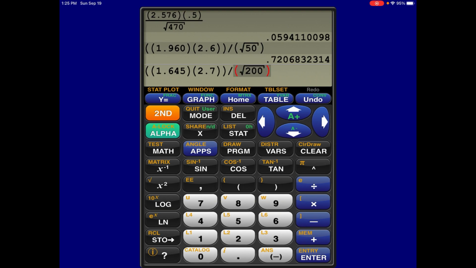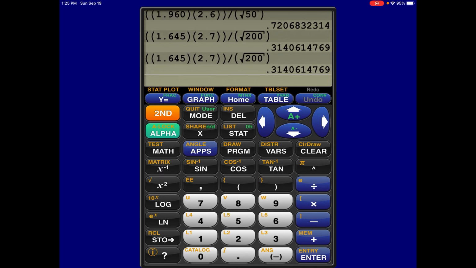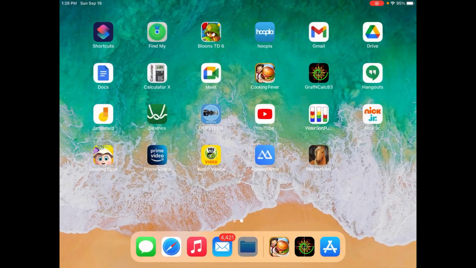Go right key, and then press enter, press it too many times, we got 0.31.